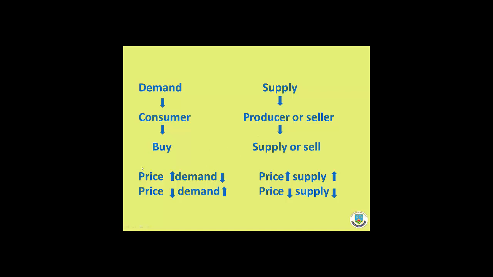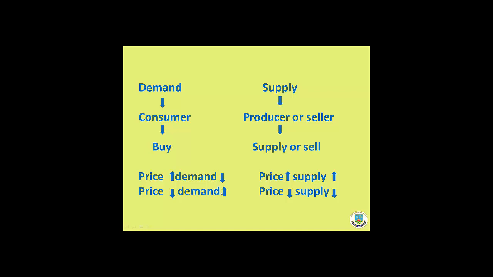Now in demand, as price rises, demand decreases, and as price falls, demand increases. With a rise in price, consumers demand fewer goods and services, and with a fall in price, consumers demand more.